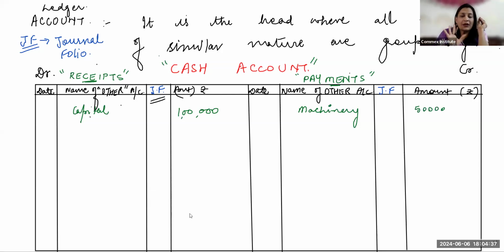Now only the cash transactions will appear here. Any credit transaction won't appear here, because we are making a cash account. Suppose I make purchases of cloth. We are talking about the apparel business. I'm running a boutique in the apparel business and I'm purchasing some cloth as raw material. Suppose I purchase this for cash, 25,000.